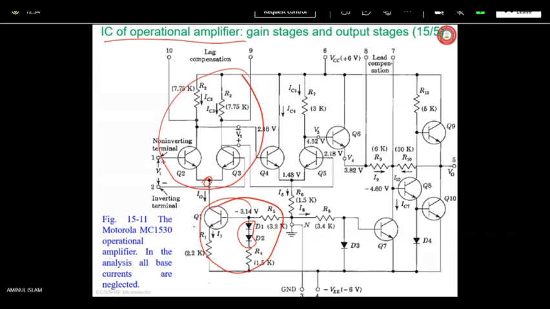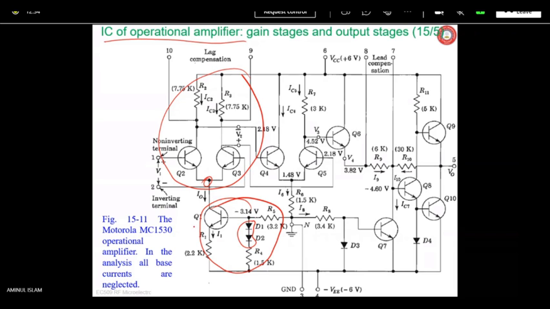Now, the pin diagram of IC 741 you have discussed. You all know that you have 8 pins. You have used this also. The first pin, number 1, is called offset null pin, and pin 2 is inverting or minus pin, and pin 3 is non-inverting or plus.